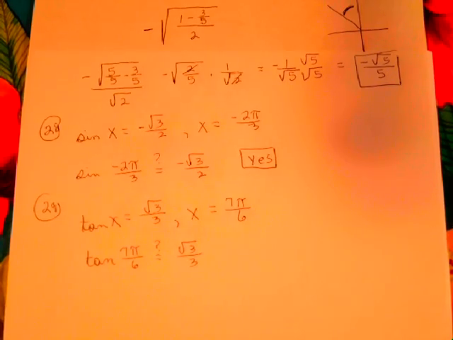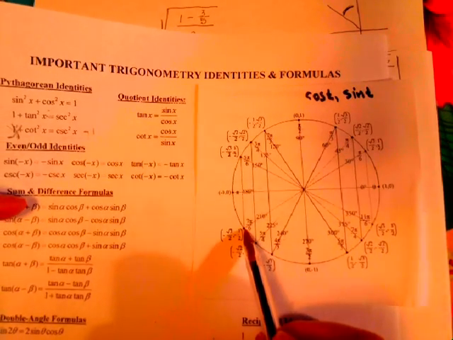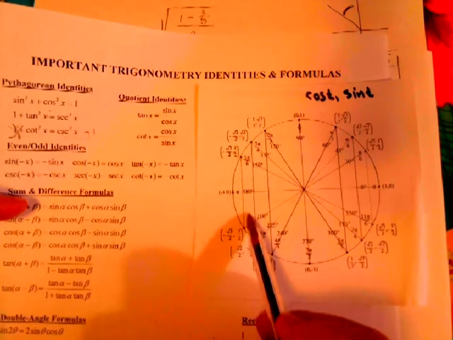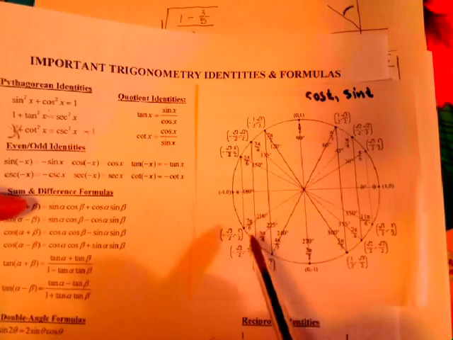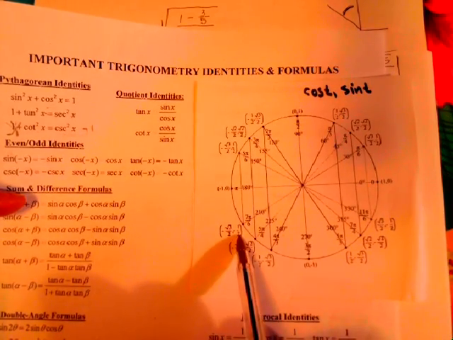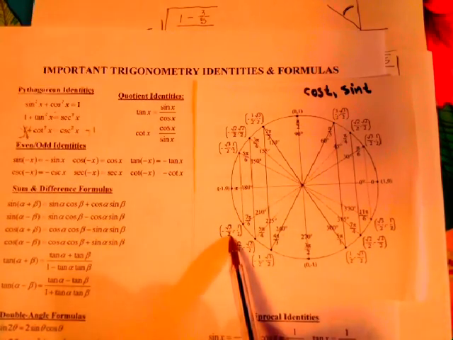Let's find 7 pi over 6 on the unit circle. Here's 7 pi over 6. It has a related angle of 30 degrees. You can either think, if I put this over this, am I going to get the square root of 3 over 3? Yes, I believe I will.